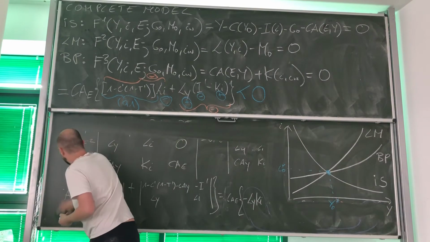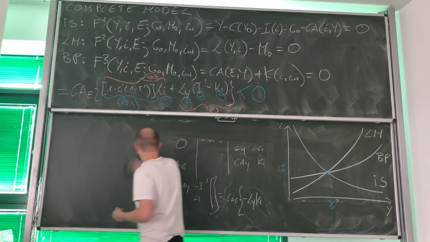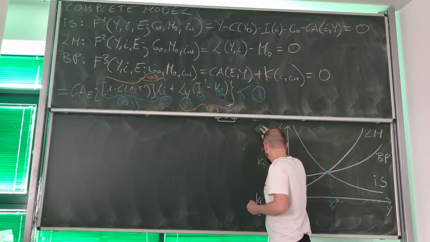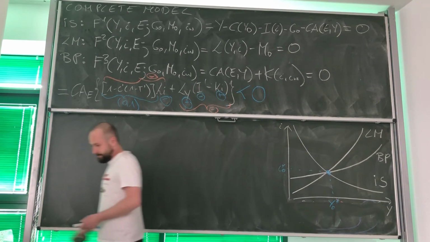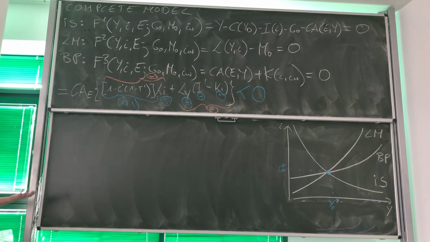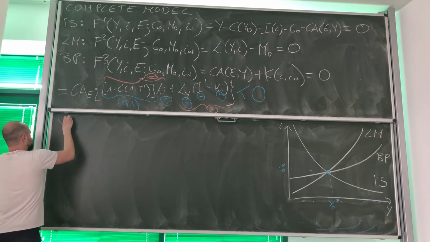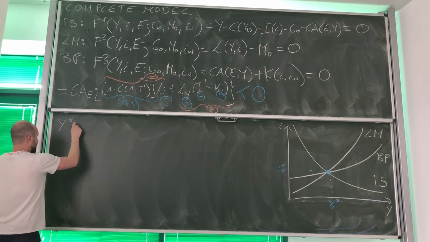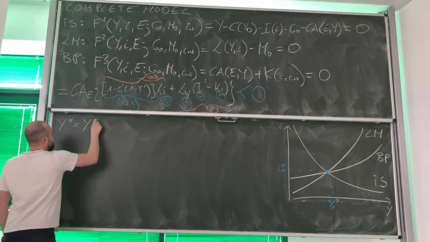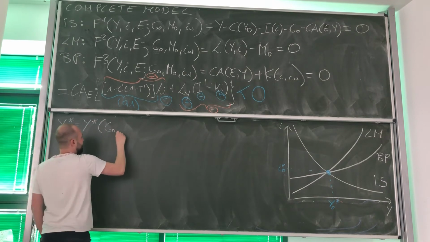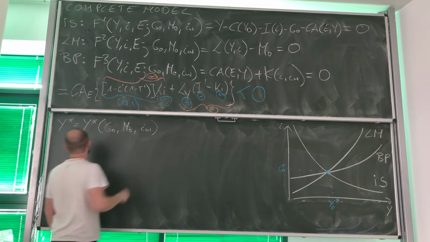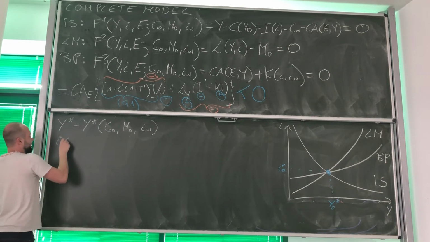And look, what it means for us is that now we know that these three functions above are defining three implicit functions. So income as a function of government spending, money supply, and world interest rate.